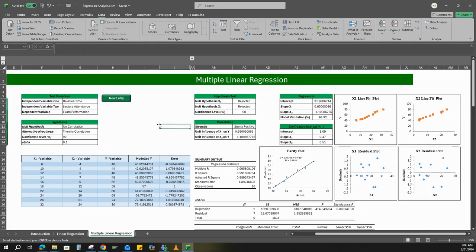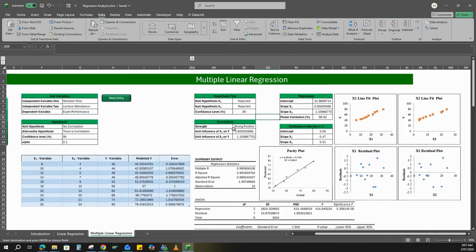This means that there is a relationship. For this example, exam performance is influenced by these two independent variables. That is why the null hypothesis has been rejected for both of the independent variables. This test is carried out at around a 90% confidence level, which is essentially this value here.